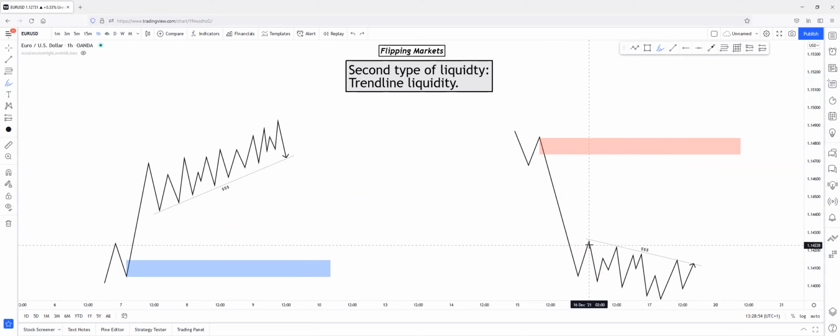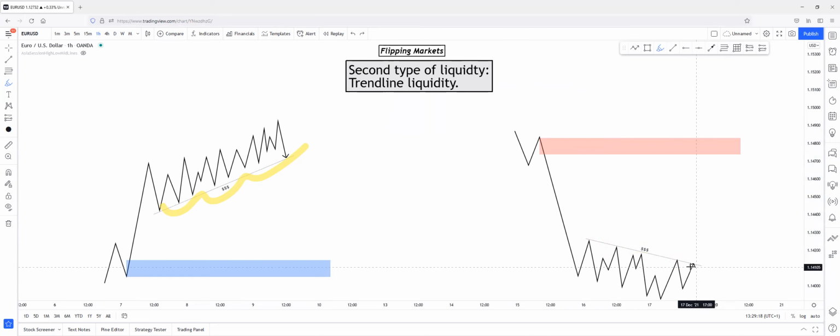If we see something like this, it's the same as on the buy side, because price creates small breaks of structure to the downside. So retail traders enter on the trend line touches, and place their stop losses just above the entered positions. So we have loads of liquidity sitting on this line again.